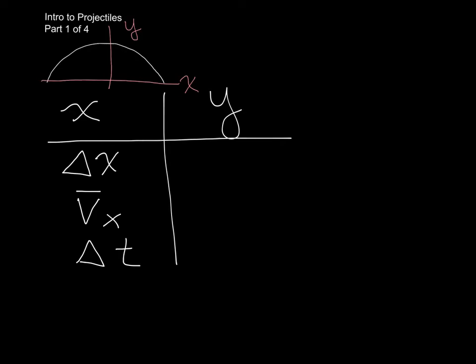It's an independent variable. Then on the y side, I have my change in vertical position, change in y, and then I have my acceleration, which is the thing that's constant over here. So acceleration, you can put in the y direction. We don't really need to put that y there because there's no acceleration at all in the x direction, so I usually don't put that y there. Then we've got change in time.